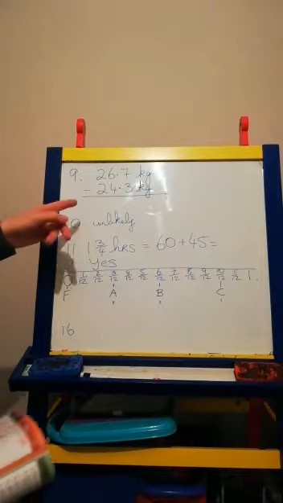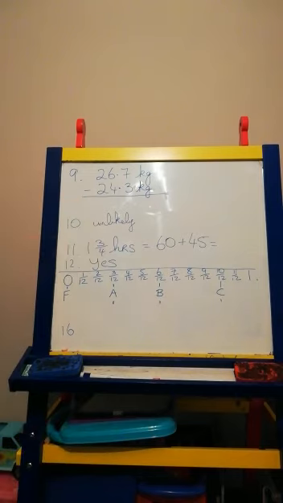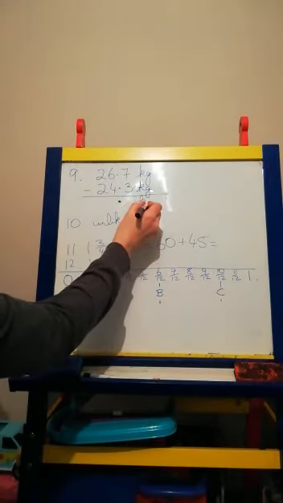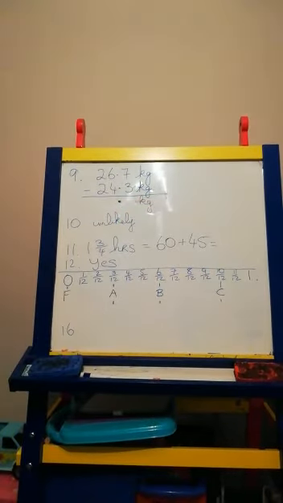So I've already written it out here as a sum. I have 26.7 kilograms taking away 24.3 kilograms. And just to make life easier, I'm going to put in my decimal point and my kg because I don't want to forget them in the end. I'm after switching to black marker here as well because I think that green marker earlier wasn't very clear.